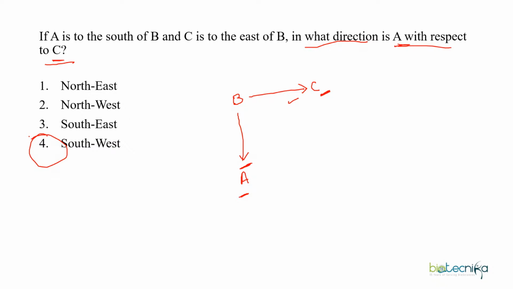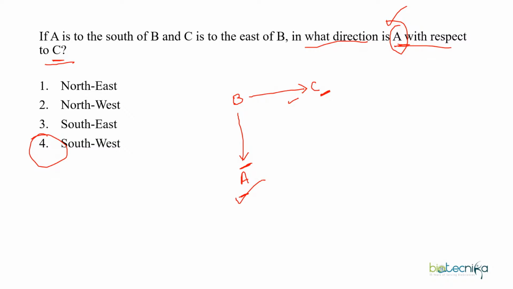You have to take the question. It says, what direction is A with respect to C, not C with respect to A. So you have to read the question very carefully.